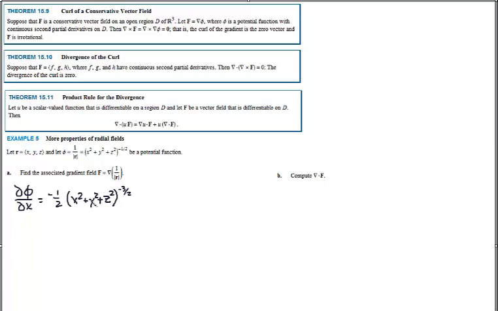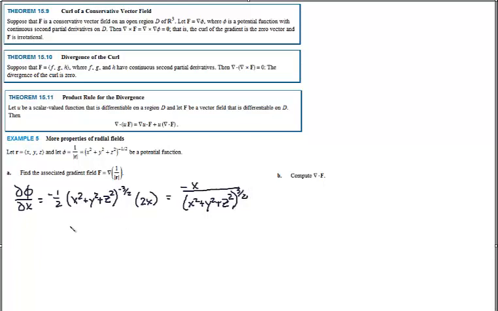Take the derivative of the inside with respect to x, that's just going to be a 2x. And simplifying this, we're going to end up getting negative x over x squared plus y squared plus z squared to the 3/2 power.